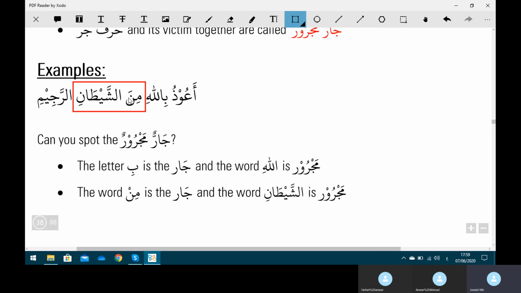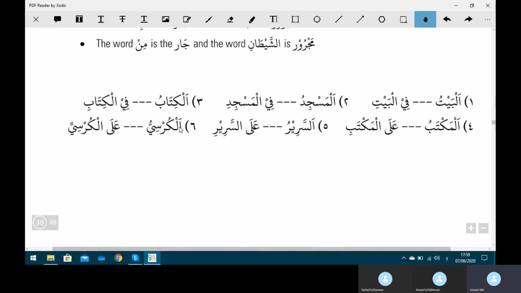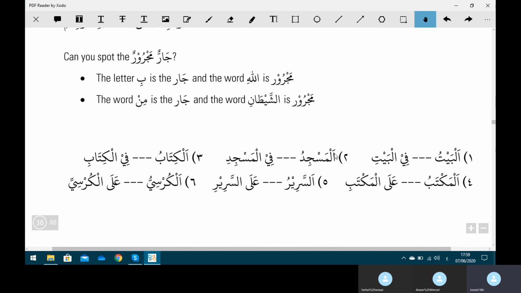Why? Because of the harf jar here, min. So you have to do the same thing here. Well, just read it and notice. Al-baytu fil bayti. I.e. al-baytu is raf because there's no reason, there's no harf jar before it. But fil bayti, in the house, al-bayti here is jar because of the fi, which is the harf jar before it.